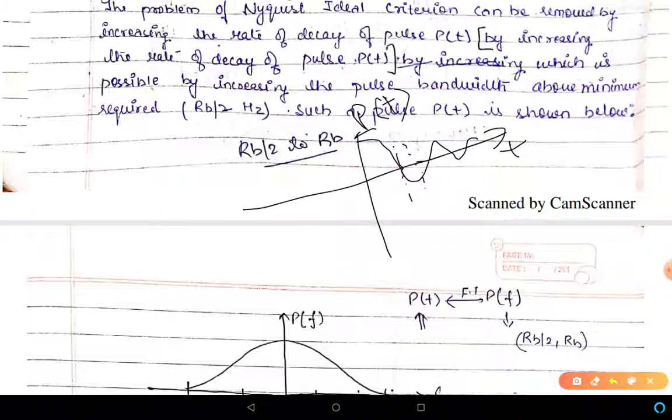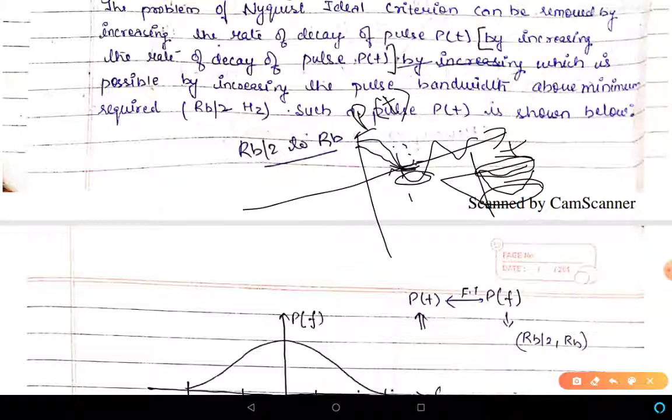Now what if I have something which has low amplitude in these side lobes? This amplitude is high, so in the negative region this amplitude is high. If I design a pulse, if I shape a pulse in such a manner that rather than having this side lobe, I have this side lobe, then what will happen?